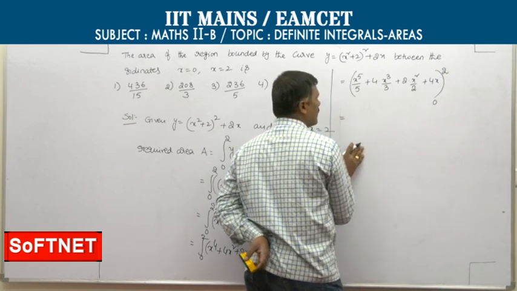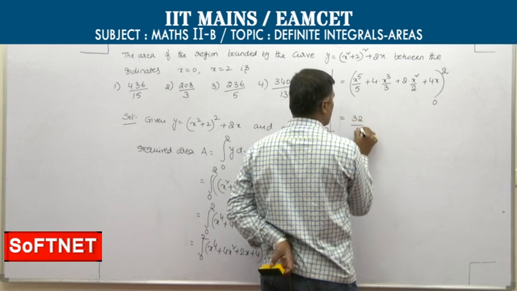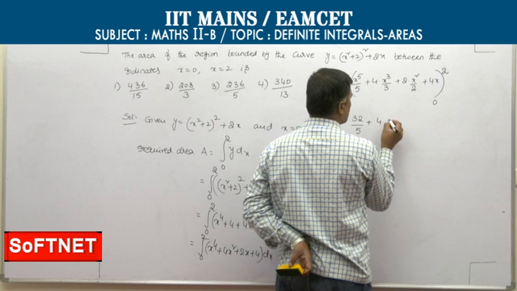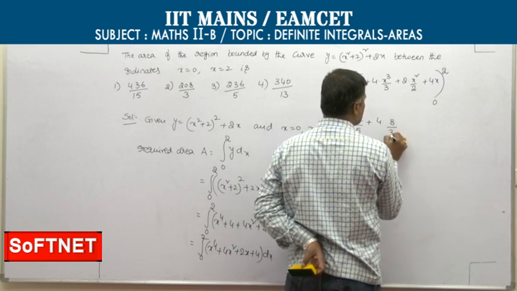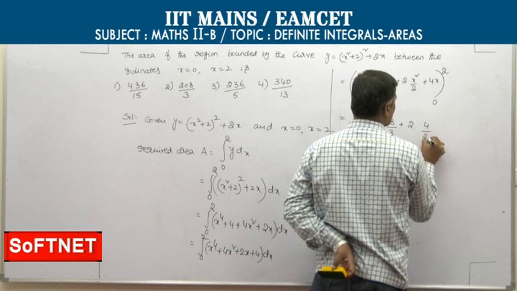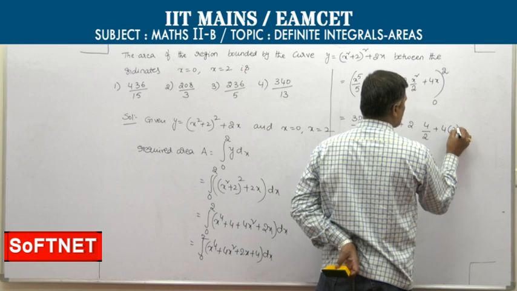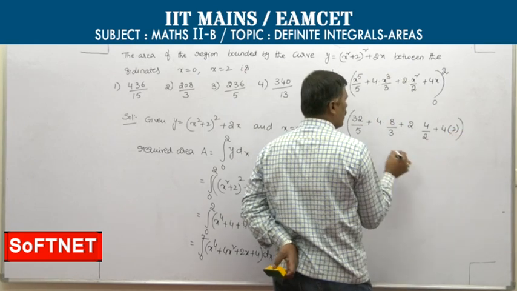Upper limit: 2 power 5 is 32 divided by 5, plus 4 into 2 cube 8 by 3, plus 2 into 2 square 4 by 2, plus 4 into 2, minus lower limit 0.